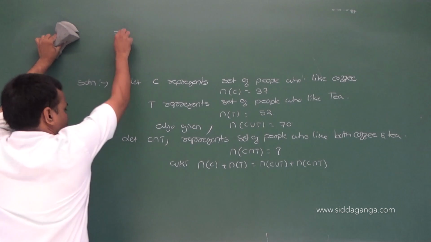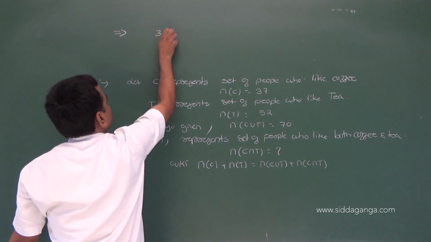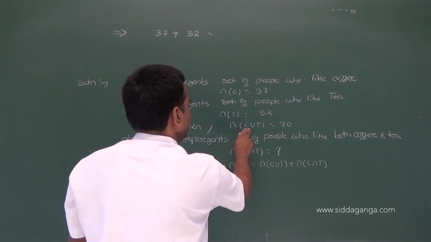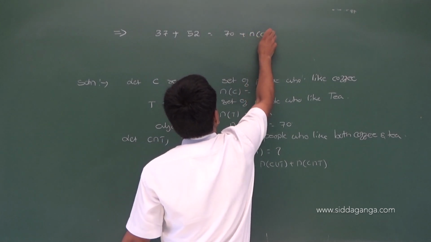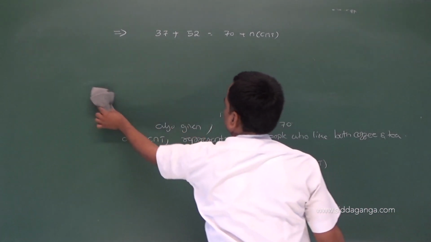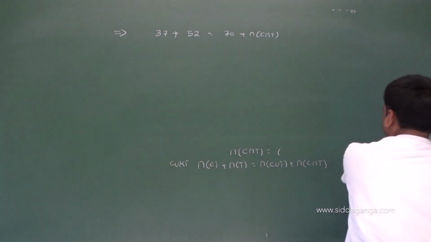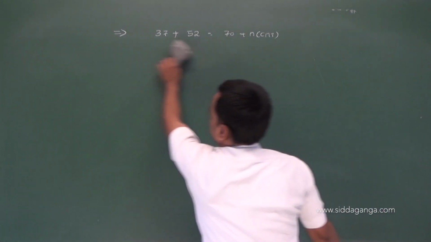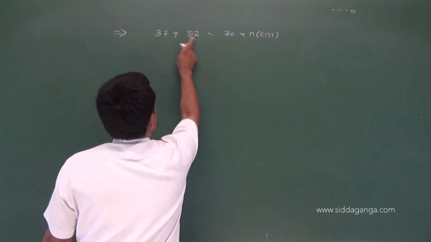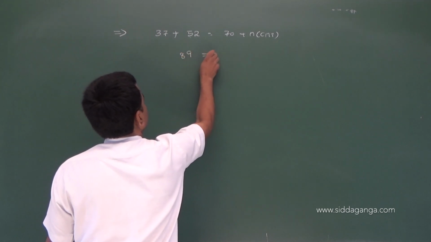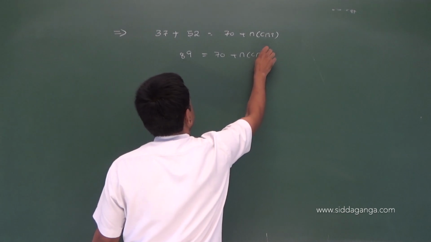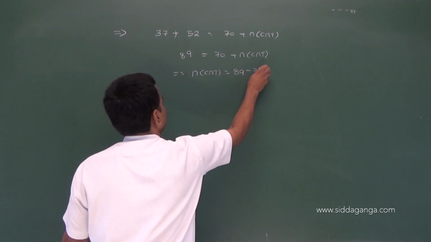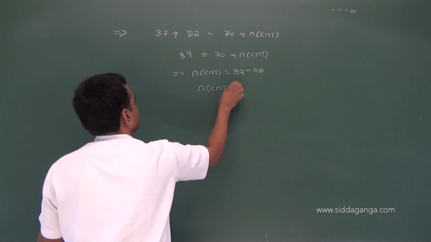That implies n of C, 37, plus n of T, 52, is 37 plus 52, equals n of C union T, 70, plus n of C intersection T. So 37 plus 52 is 89, equals 70 plus n of C intersection T. That implies n of C intersection T is 89 minus 70.